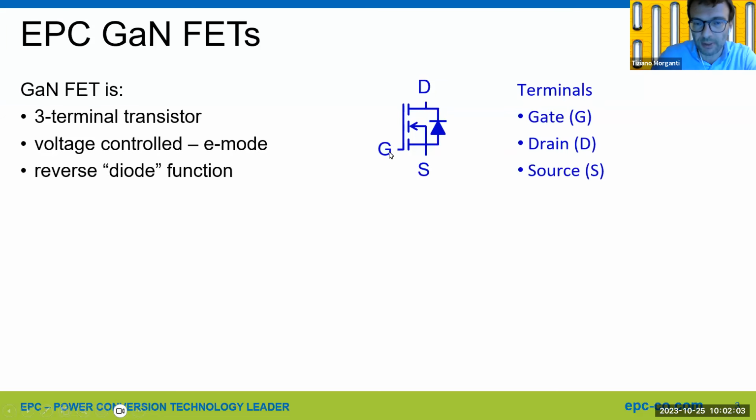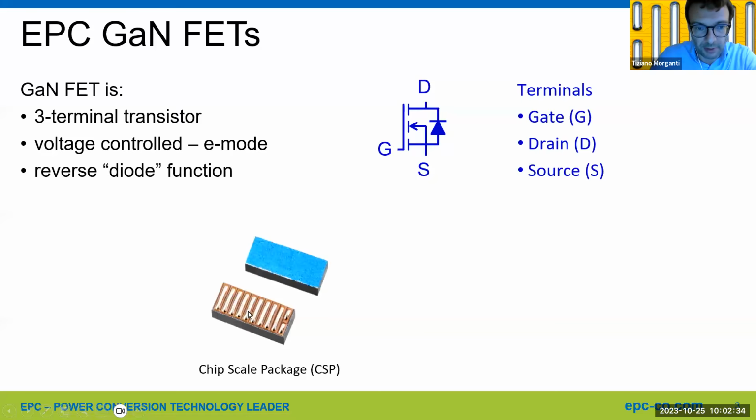What the gate-to-source voltage is doing is modulating the conductivity of the channel of the transistor. And we have the third quadrant conduction mode, in which the current is still carried by the channel. So we have majority carrier transport as diode function with no reverse recovery.